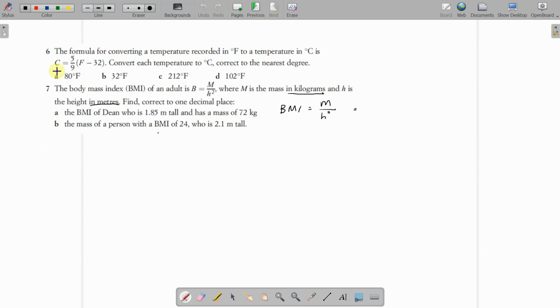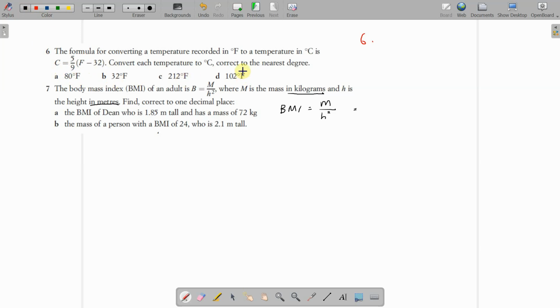Next. Question 6 over here, converting Fahrenheit to Celsius. So this one is fairly straightforward because all you have to do is put in here, where F is, each one of these numbers in turn.